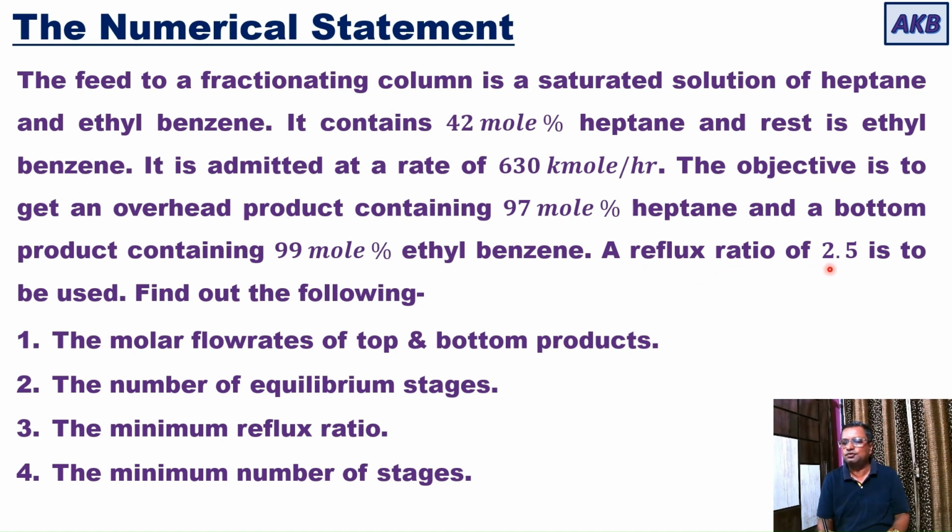A reflux ratio of 2.5 is to be used. So based on this information, we are supposed to find out the molar flow rates of top and bottom products, the number of equilibrium stages required in the operation, the minimum reflux ratio, and the minimum number of stages that would be required in this case. Okay, so that is the numerical statement.